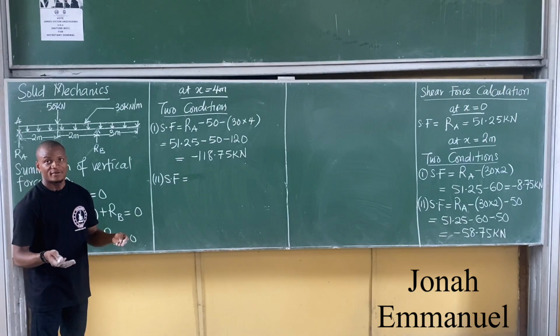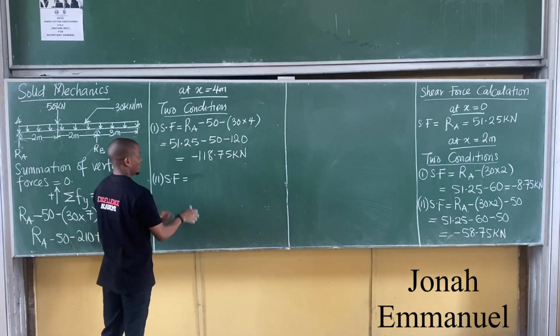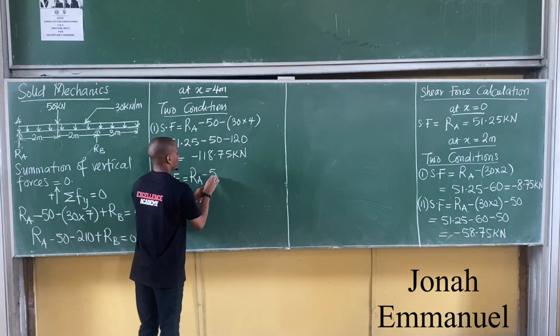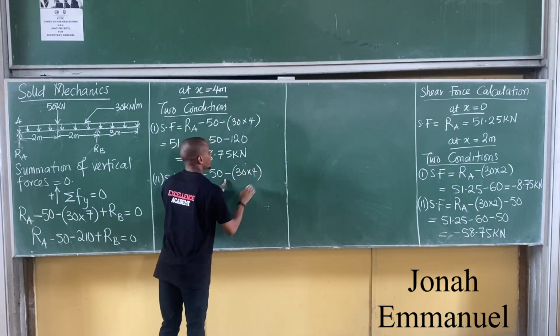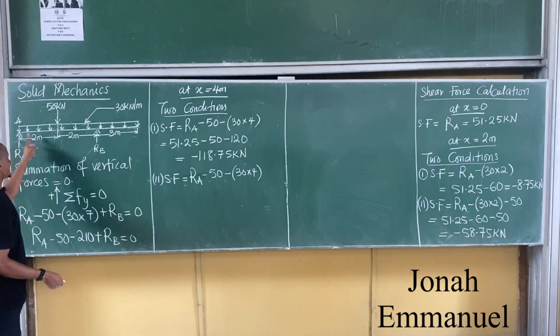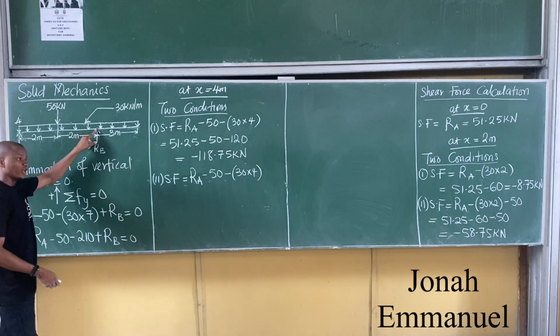Alright, condition 2, we said shear force is equal to condition 1. Just simply repeat condition 1. That gives you RA minus 50 minus 30 times 4. Next up, plus the force at that point. Here x is equal to 4. That's this point here. At this point, I can see RB.